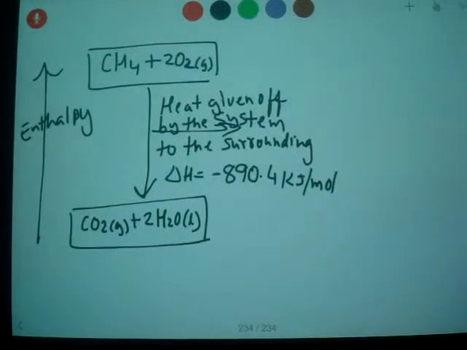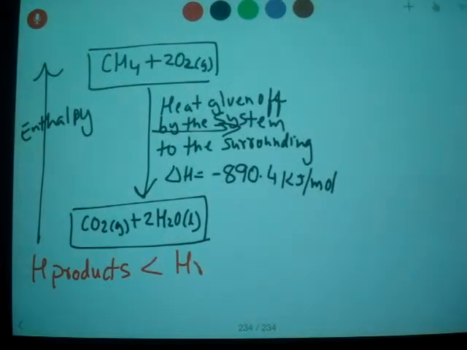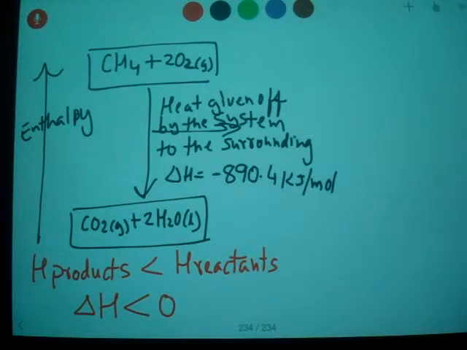So when you see that, you can say H of products is less than H of reactants. That means delta H is less than 0, and whenever it's delta H, you can see a negative sign.